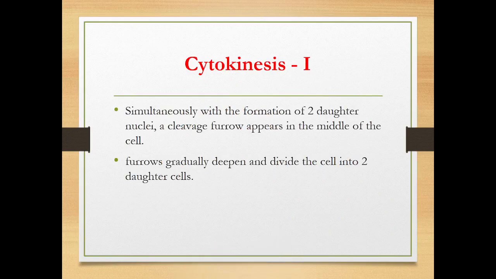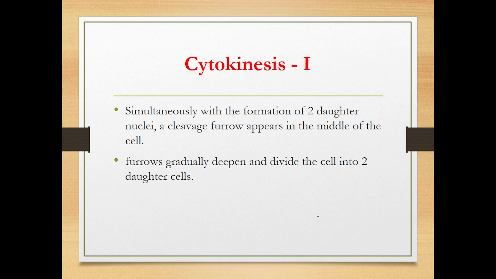Then we have the last stage of meiosis 1, which is cytokinesis. During cytokinesis, there is the simultaneous formation of two daughter nuclei, and then a cleavage furrow appears in the middle of the cell.